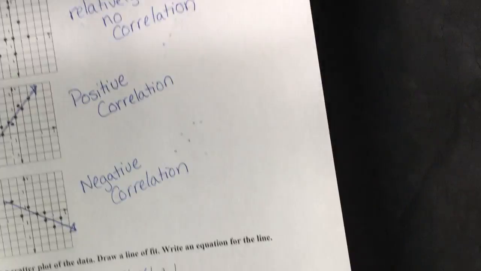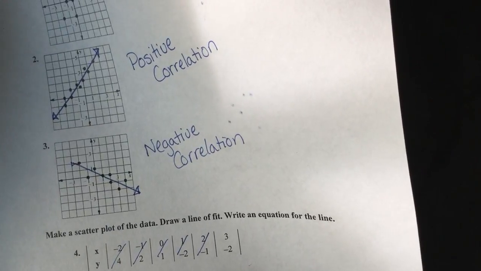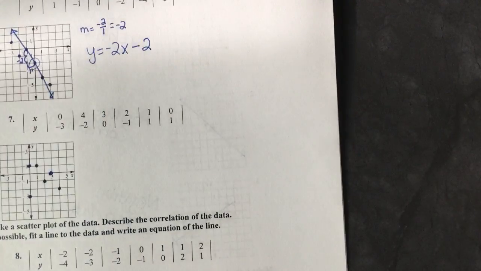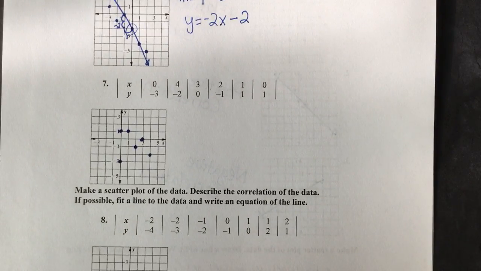What did the directions say? Oops, wrong page. Make a scatter plot, draw a line of fit, write an equation. Well, I guess it didn't say if possible.